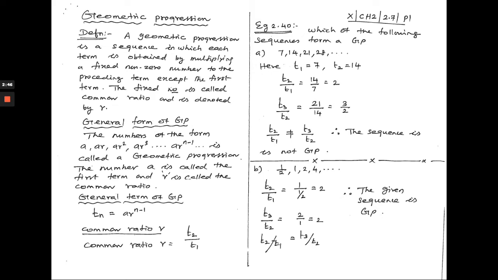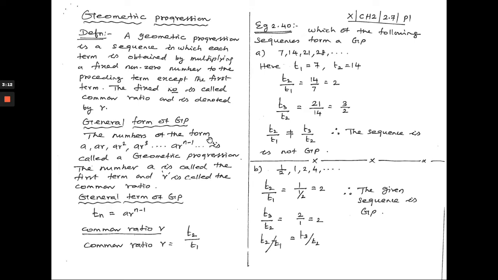How to find the common ratio in GP? The second term divided by the first term, successive terms and the previous terms. Common ratio R is equal to T2 divided by T1, or T3 divided by T2, T4 divided by T3, and so on.